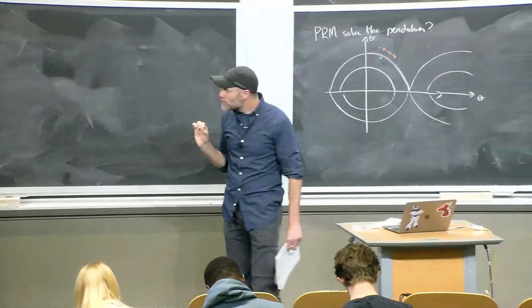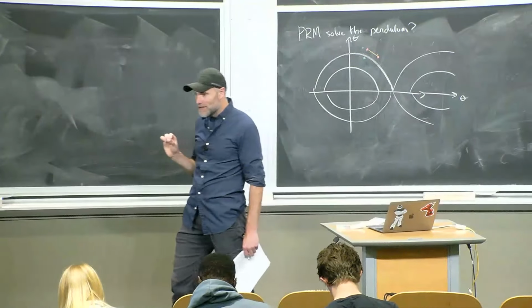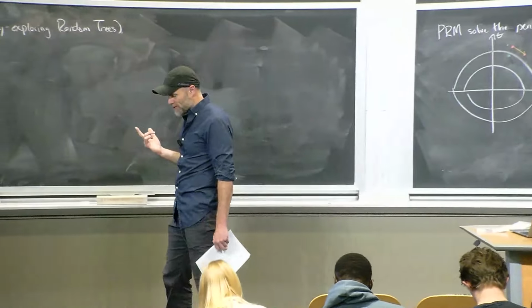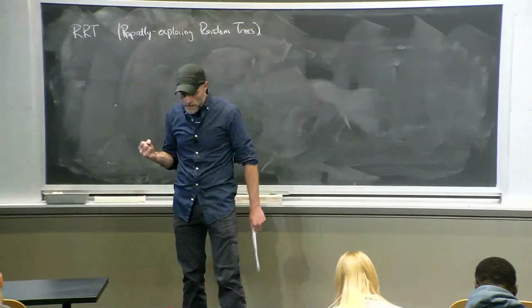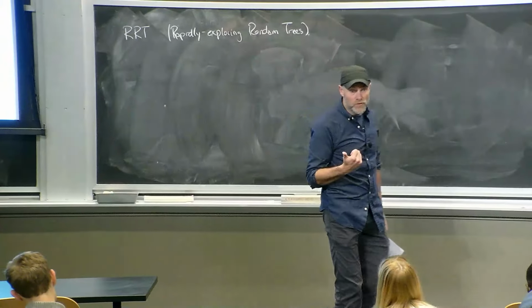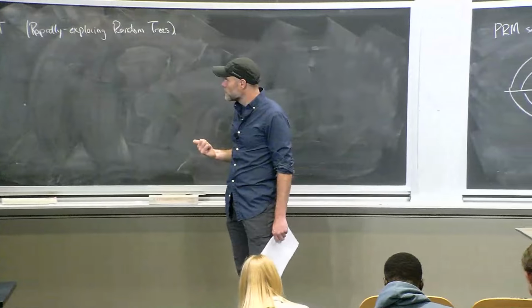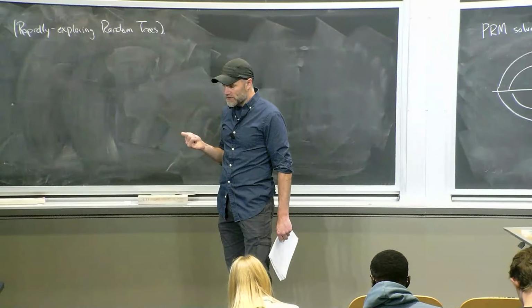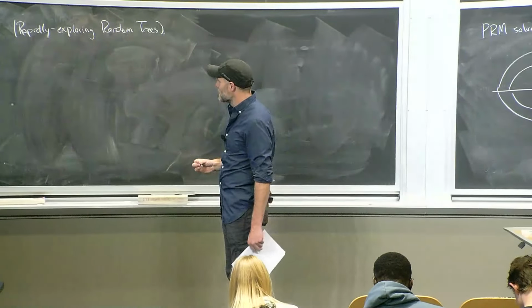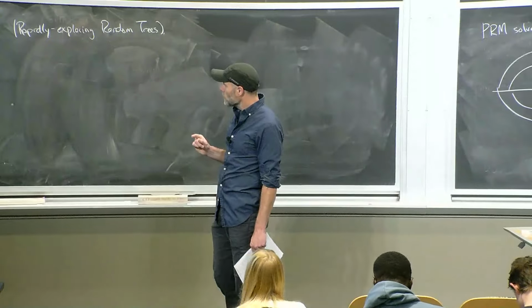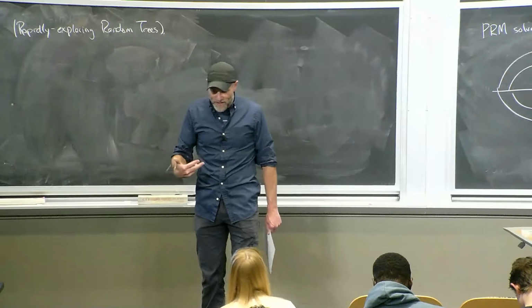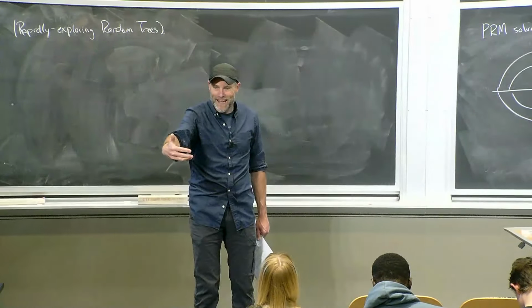The motivation behind RRT, which came out in 2002, James Kuffner and Steve LaValle introduced it. A super elegant idea, super popular because it's very easy to implement and very effective. I suspect they were thinking about trying to put A star back into PRMs.